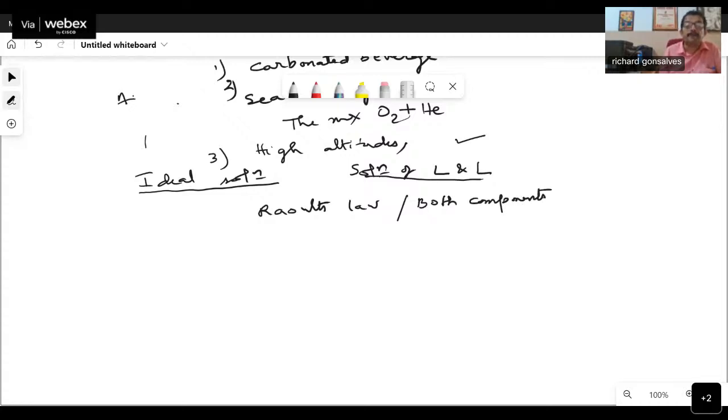How do I put it? If I say one component is A, another component is B, one component has this, PA is equal to XA into P naught A. Another one is PB is equal to XB into P naught B. This is Raoult's law.